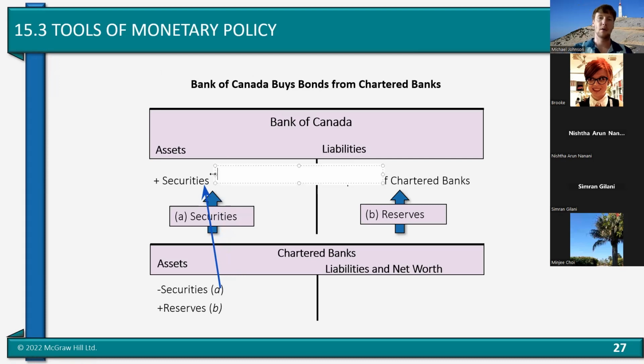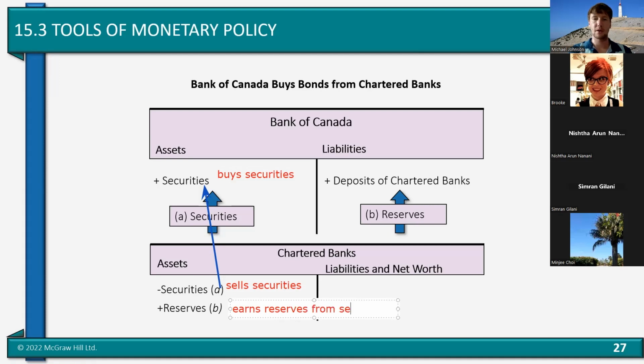So the Bank of Canada buys securities here, the charter banks sell securities, and then earn reserves from selling securities. And then sometimes they put the reserves into the Bank of Canada for safekeeping. Sometimes they send the reserves here. If they don't do this, they may just lend it out to people.